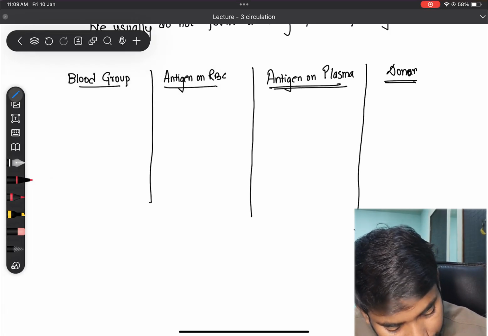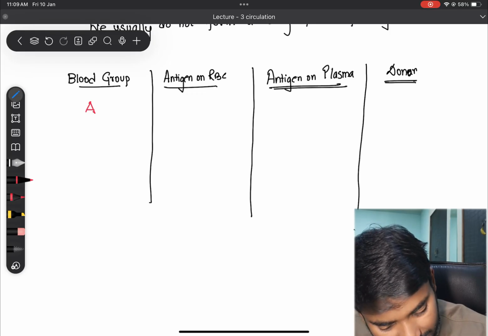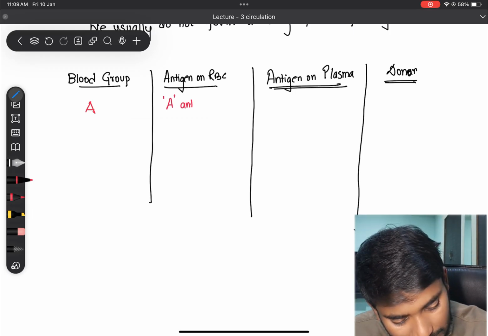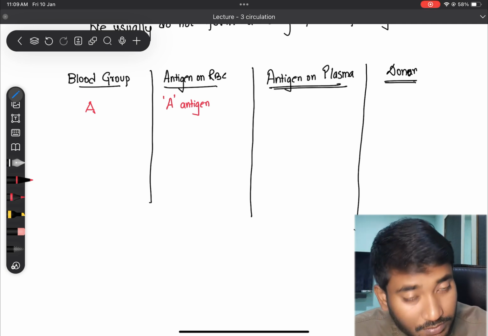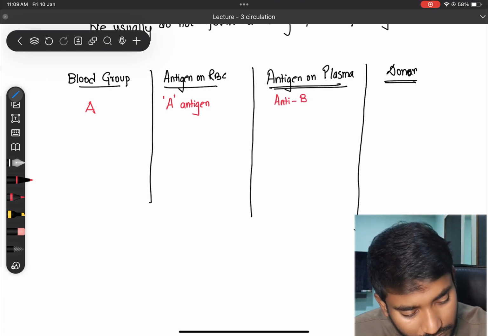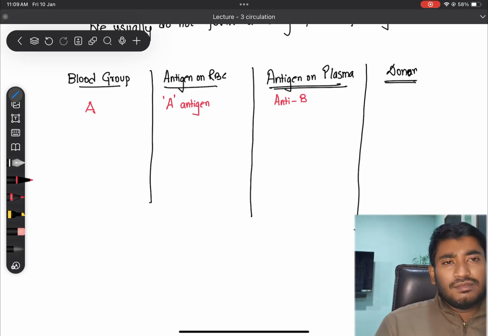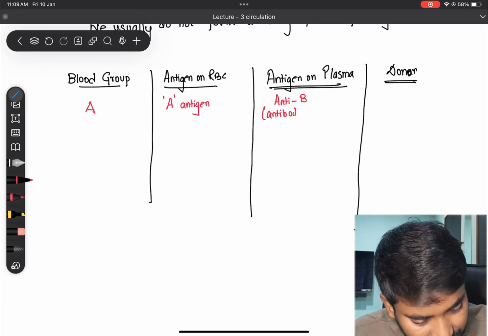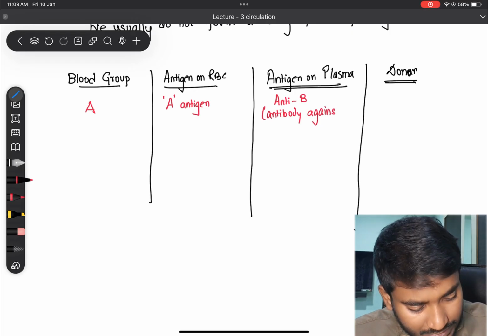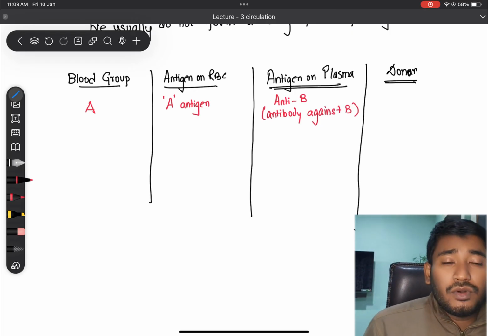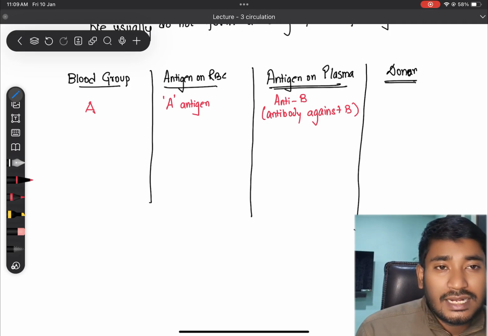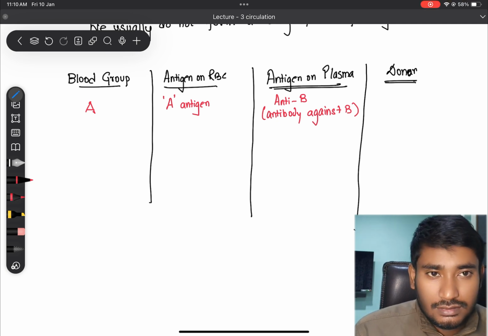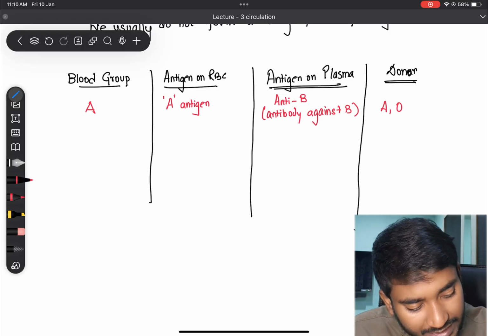Let the blood group be A. So the antigen on the RBC is A antigen, and the antibody on the plasma is anti-B, antibody against B. That means if I do a mismatch transfusion, that is if I give blood of B positive to an A positive patient, then the patient will die. The donor can be A and O.